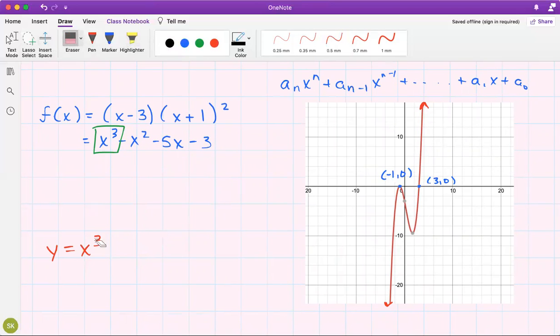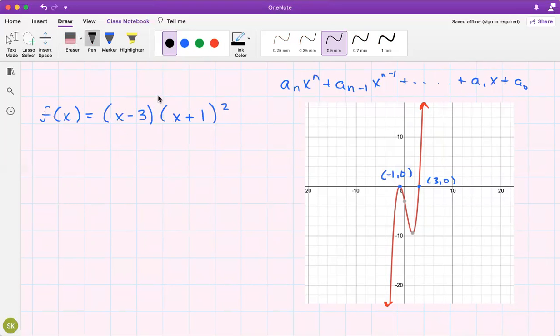Now to find the leading term right here, you don't actually have to FOIL all of this out. To help you graph this function, you only need this piece. All of this other stuff, at least for right now, you don't have to know to figure out the power function. To figure out the leading term, you just look at the function here, and you see that this is raised to the first power, so I have an x to the first. And if I FOILed this out, I'd have an x squared.